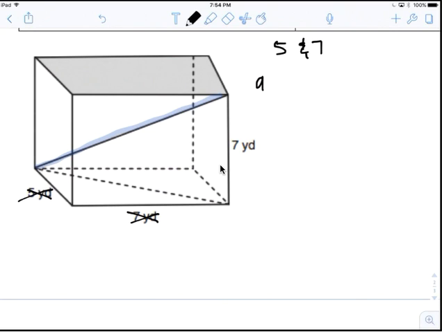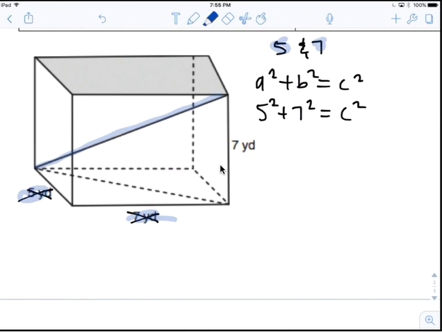Do a squared plus b squared equals c squared. 5 and 7 is from here. So you do 5 squared plus 7 squared equals c squared. You're finding this length here.